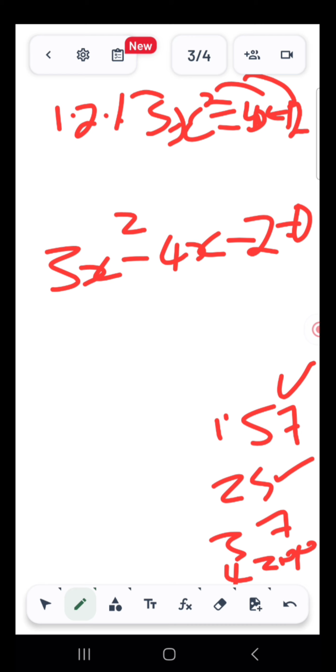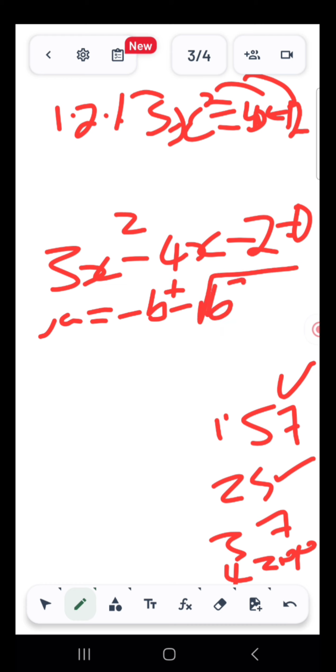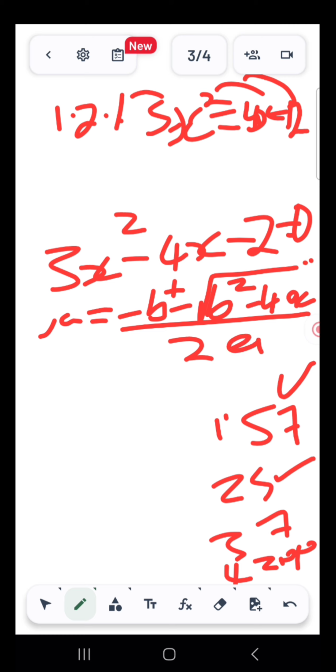So you have x is equals to negative b plus minus square root of b squared minus 4ac all over 2a. I hope you remember this formula, right?